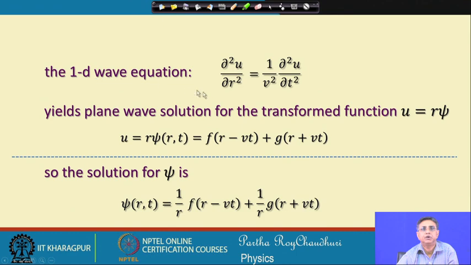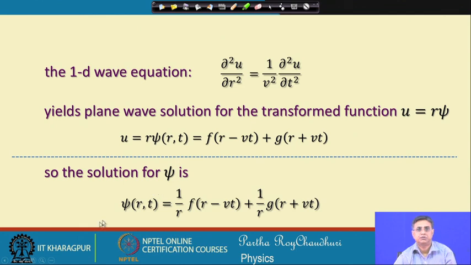The one dimensional wave equation yields the plane wave solution for the transformed function. So, by going through this route we get a plane wave solution. The solution will have a form like this: u equal to f of r minus v t plus g of r plus v t.